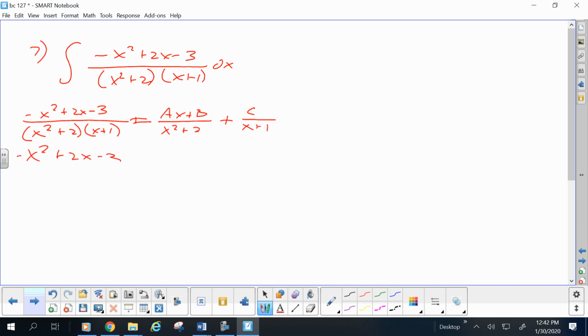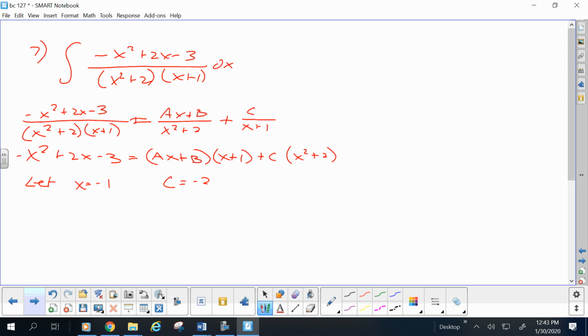All right, so let's go to the next thing. Did you multiply correctly? You have ax plus b times x plus 1 and c times x squared plus 2? Okay, so how do we zero out one of them? Let x equal -1. When you do that, what result did you get? c is -2. Now the harder part, how do you get the a and the b?